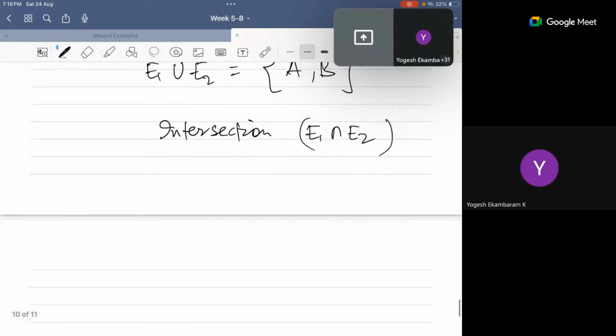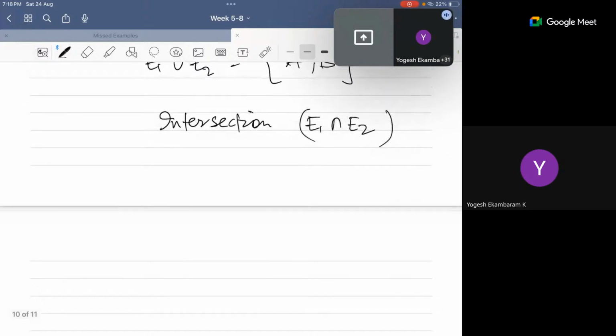I'm just giving one question, and if you're able to do that, we'll move to the further concepts, like complement and subset. Okay, let me write the question.